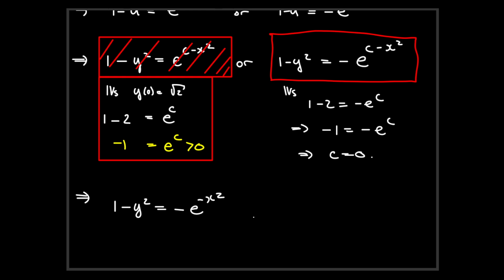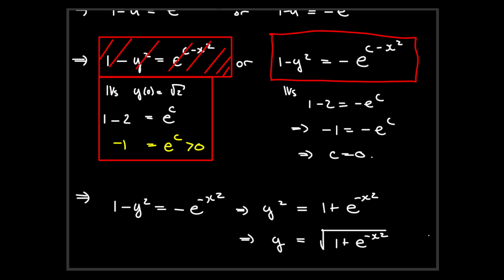And here we can just solve for y and get y squared is just equal to 1 plus e to the negative x squared. And so here we get y is equal to square root of 1 plus e to the negative x squared.